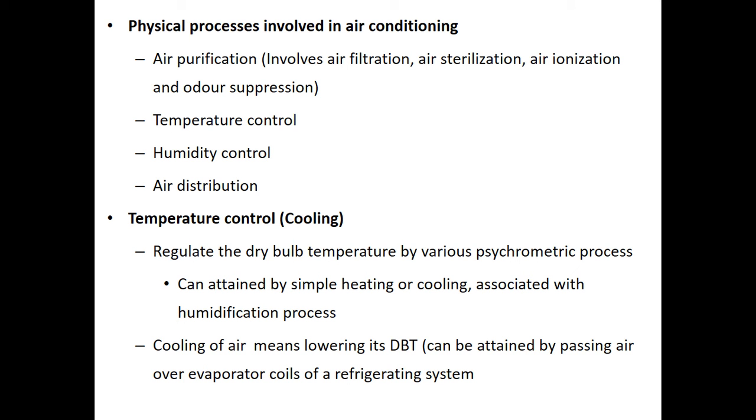In order to achieve air conditioning, the processes we discussed, like air purification, temperature control, humidity control, and air motion or air circulation, have to be managed properly. Now let's see one by one. These are the different processes: air purification, temperature control, humidity control, and air motion or air distribution.